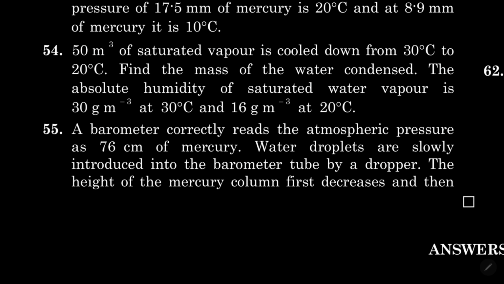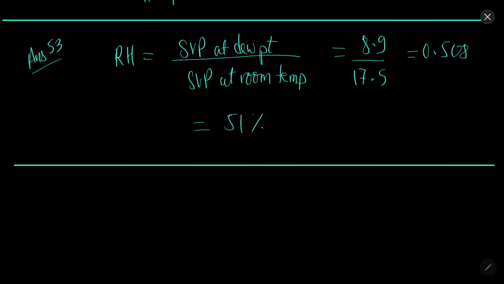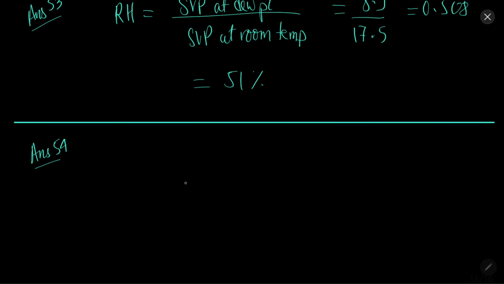In question 54, we need to find mass of the water condensed. Solution 54. So at 50 meter cube, it contains 30 into 50, that is 1500 gram.